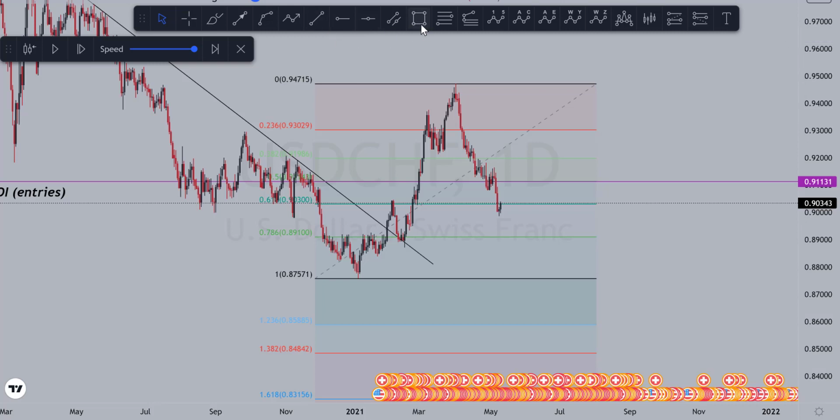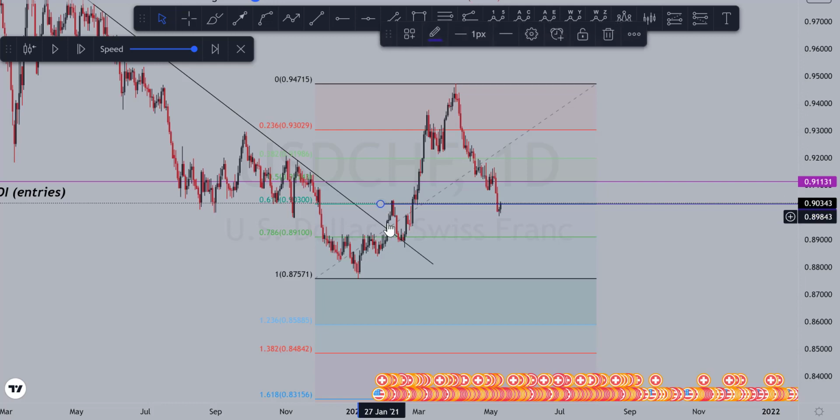So what we want to do is identify those order blocks that are located either around the 61.8 area. If you check the 61.8 area, there is this one above it, and there is that one above it.